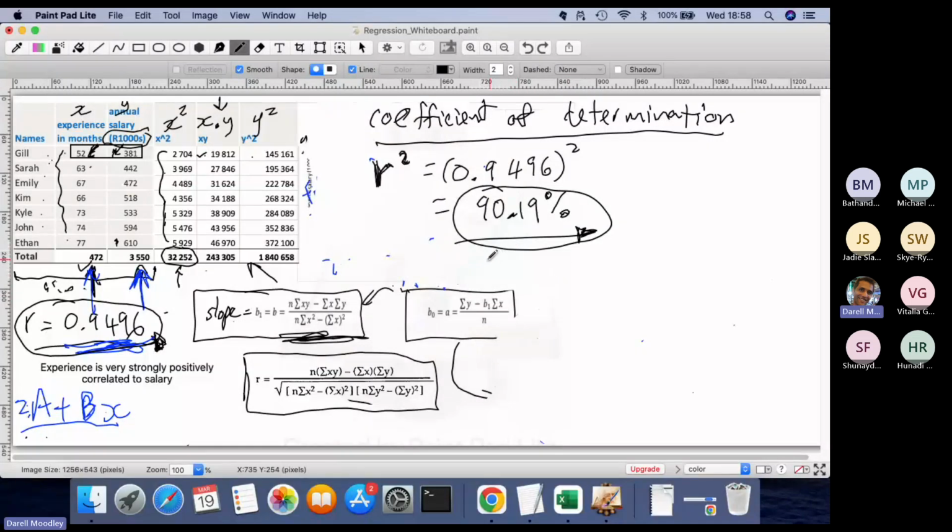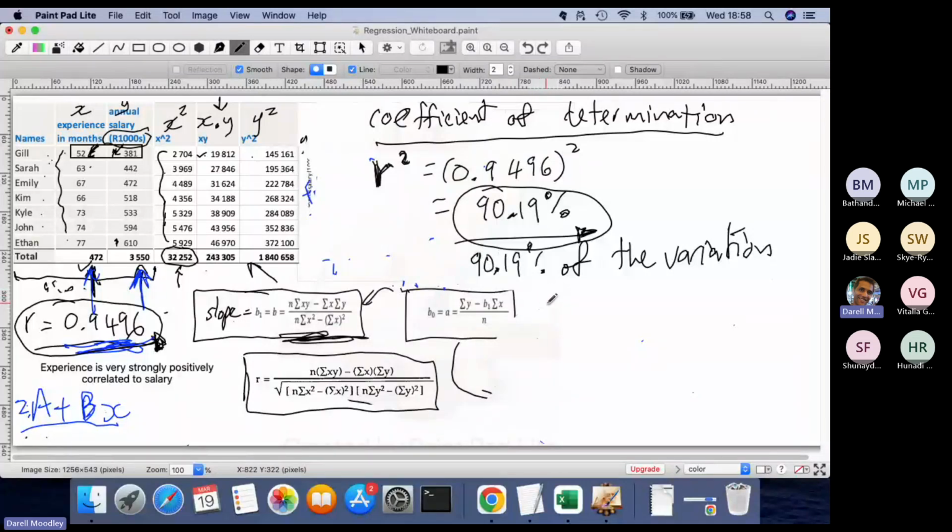All right, so let me write down how you interpret it, okay? And this is the last part I want to cover for this session. So how you'd interpret your coefficient of determination. You would say 90.19% of the variation of annual salary. You'd always say your y variable, whatever it is.